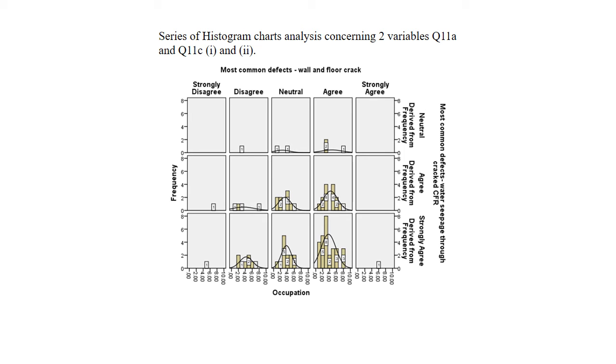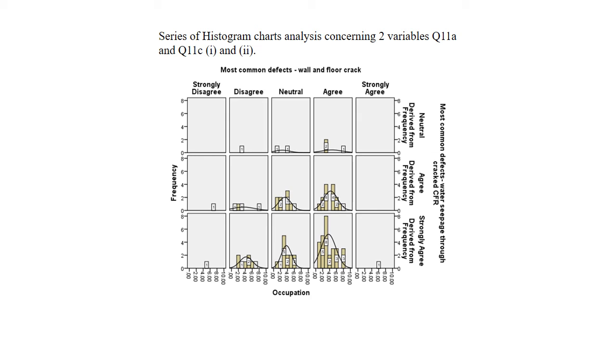You can see here the histogram of how many people agreed at what scale in the Likert scale based on their occupation, whether they are construction managers, project managers, facility managers, lecturers in built environment teaching construction, architects, or interior designers.